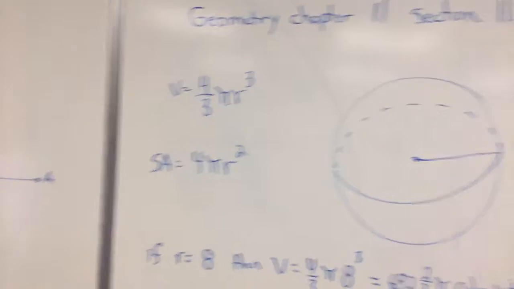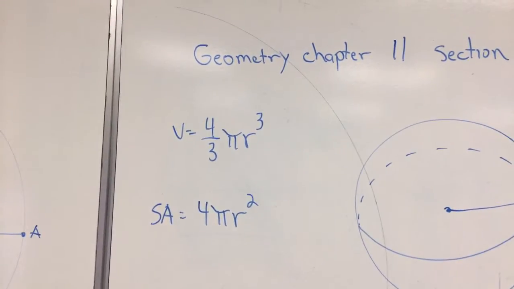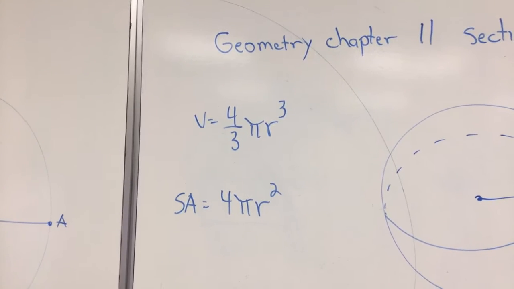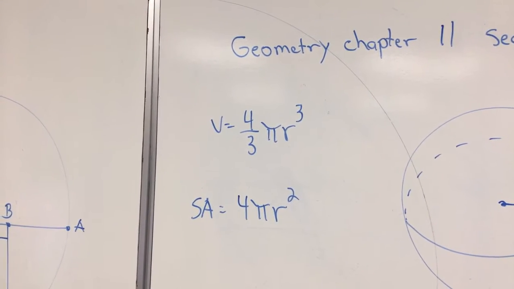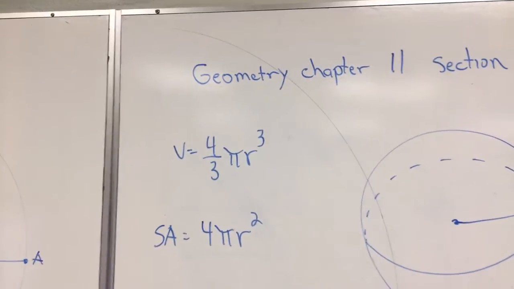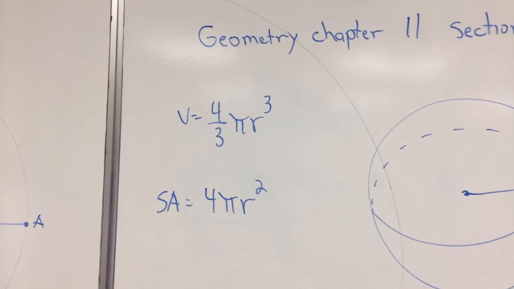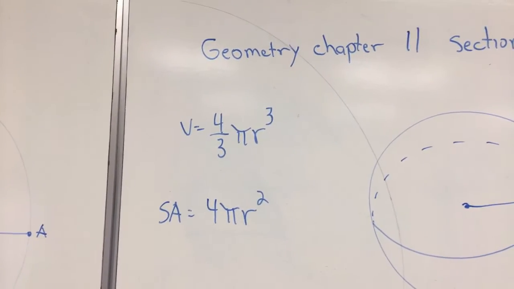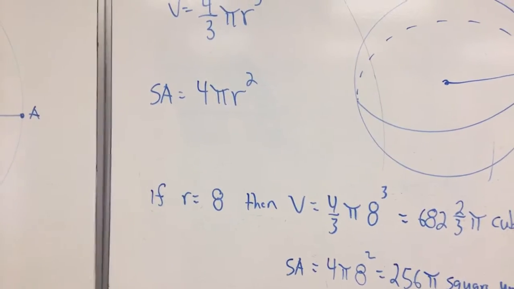All right, so here are your equations for the volume and the surface area of a sphere. Now, if we were in class, we would actually derive these, but if you really want to know how they got that, you can YouTube it, all right? But for right now, the volume of a sphere is 4/3 pi r cubed, and the surface area is 4 pi r squared. So in the example I'm going to give you, the radius is 8.